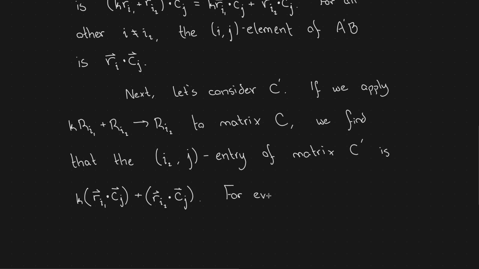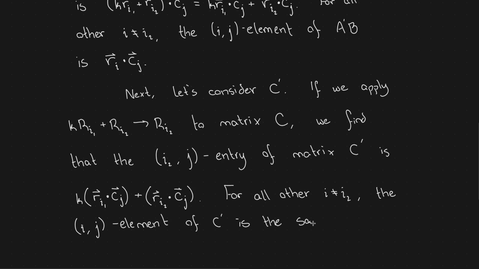For all other rows, for all other indices i which aren't equal to that row that's changing, okay? The ij element of C prime is the same as C because we didn't change it.